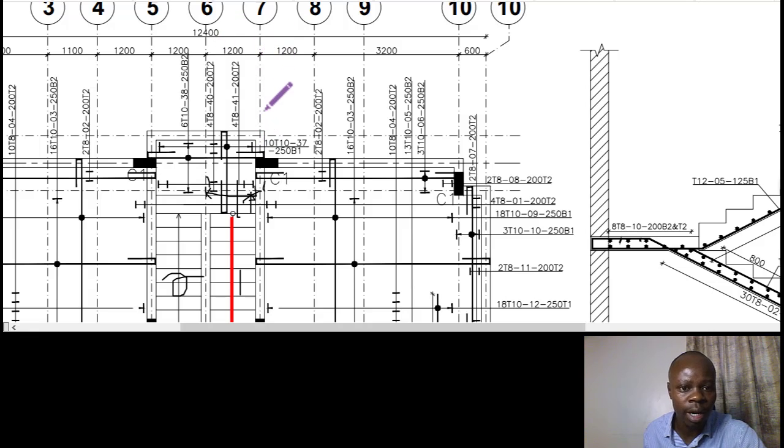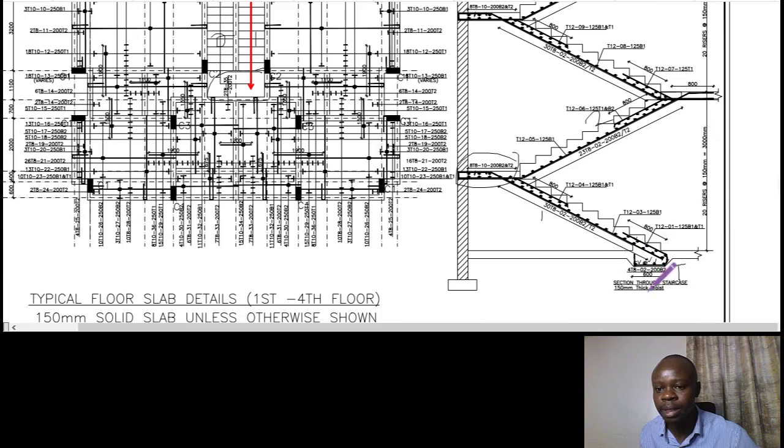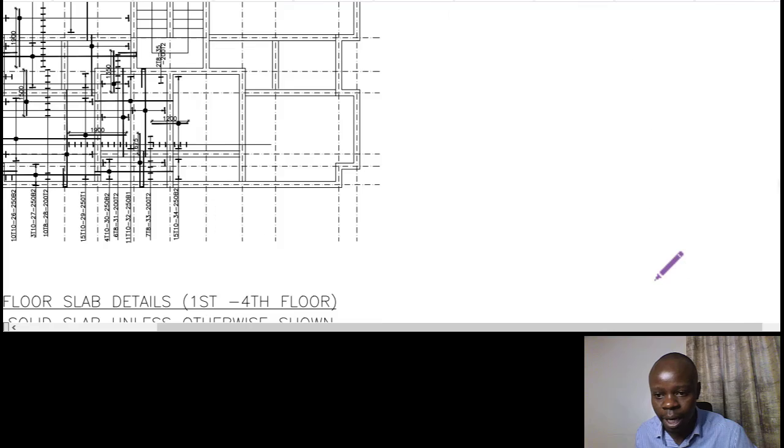So the 1200 is at the center, so we need to take from the extreme ends of the wall. So we add 100 to one point and 100 to the opposite point. It means it's going to be 1.2 plus 0.2, that is going to give you 1.4 meters for these reinforcement bars at the thicknessing point, and they are T8.